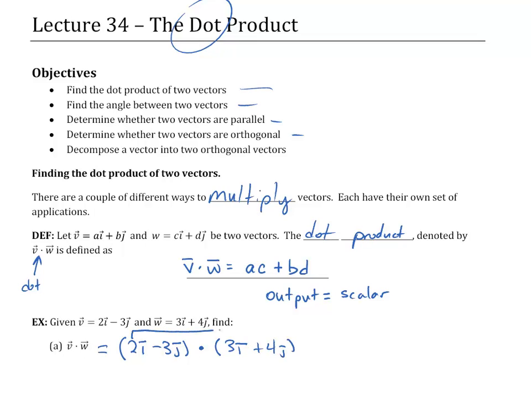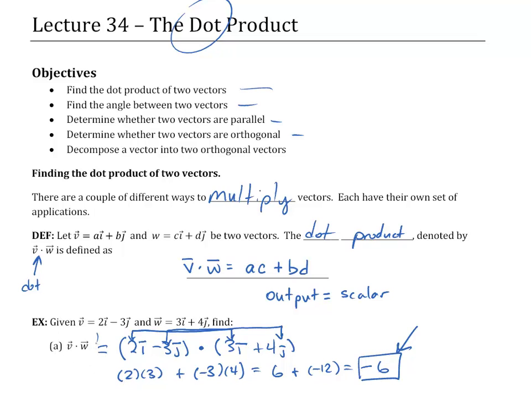We take the x components, multiply them together, so 2 times 3, and we take the y components and multiply them together, -3 times a +4, and we add that result up. So this becomes 6 plus a -12, which is 6 minus 12, or -6. This scalar right here is the dot product of those two vectors. We'll discuss in a moment what that actually means, but first thing we wanted to make sure we could do is find the dot product of two vectors.